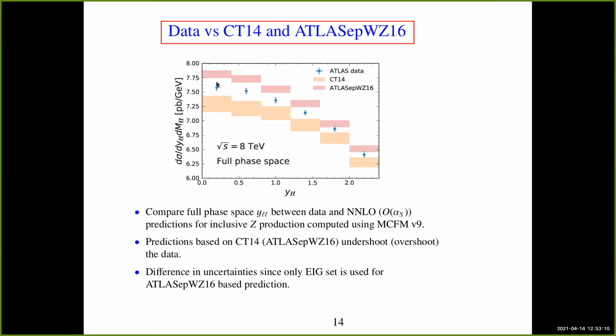And yeah, so you see comparison to CT14 and ATLAS epWZ16 sets. The feature of these two sets is that the ATLAS set has a very large strange component. We know these data are sensitive to the strangeness, and CT14 has a moderate strangeness, but we also see this normalization issue, which is actually also known.